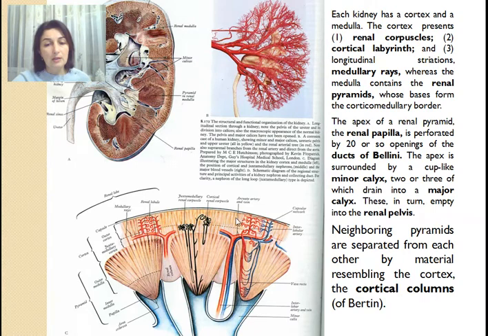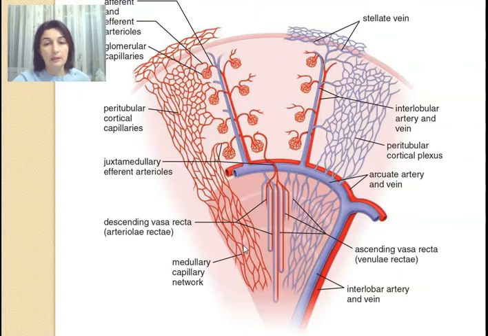From efferent arterioles arise capillaries. They will again branch, pay attention here: interlobular artery, afferent arteriole, which carries blood into the glomerulus. Then from them arise efferent arterioles, and then they again will branch into the capillary network.